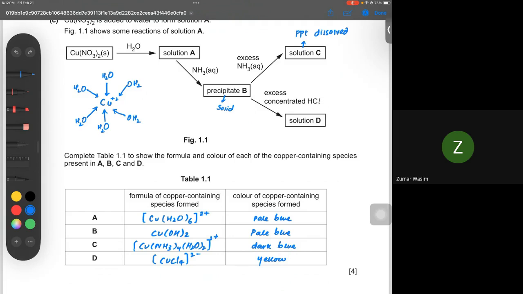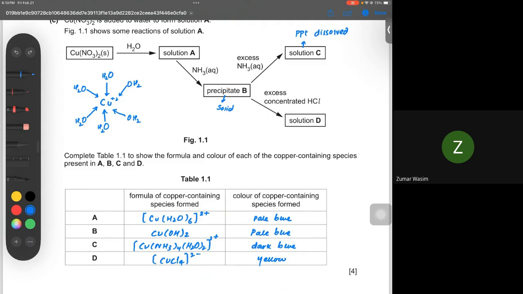And they are saying we are going to add excess HCl into this precipitate B. Again, the precipitate has been dissolved to give you a solution. So you have added chlorine. The size of chlorine is bigger.